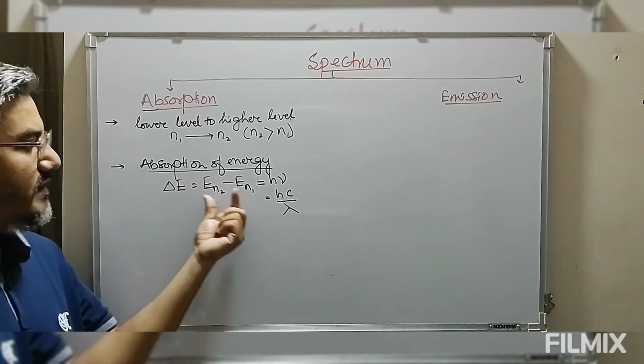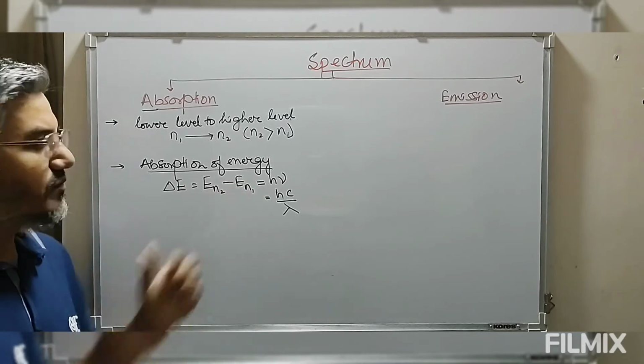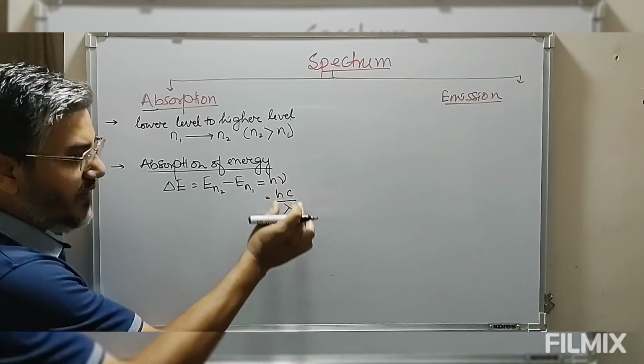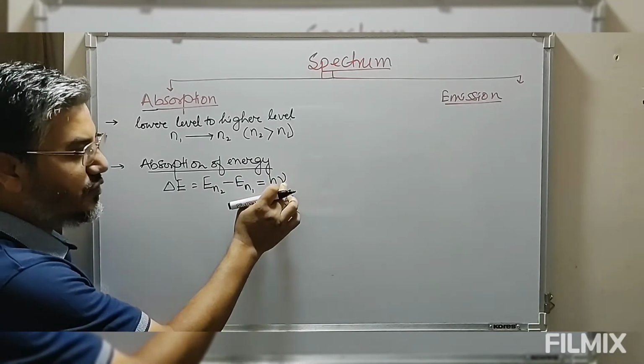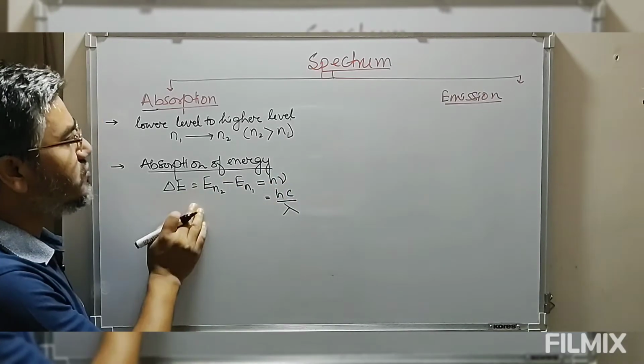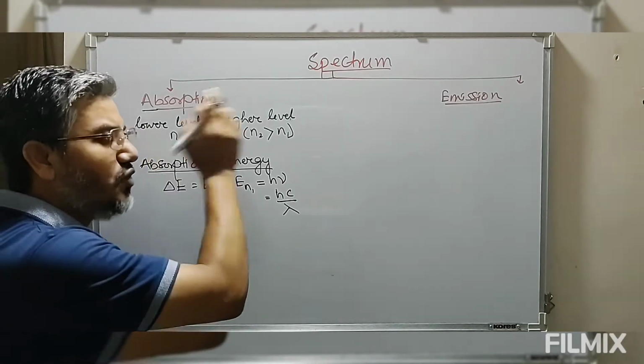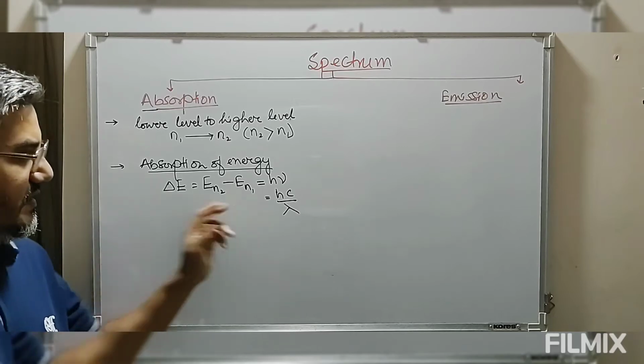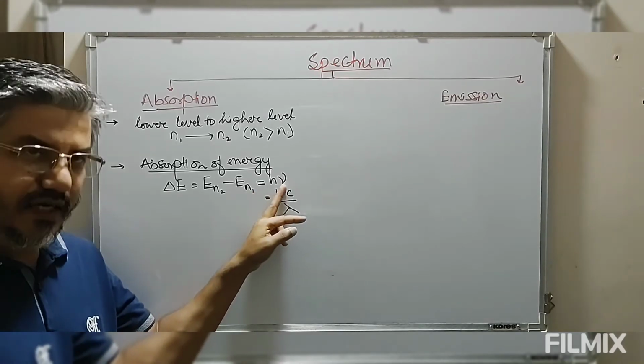On supplying this energy in the form of electromagnetic radiation having frequency nu or wavelength lambda, electrons will be excited from the lower level to the higher level. During this process, this frequency will be absorbed.